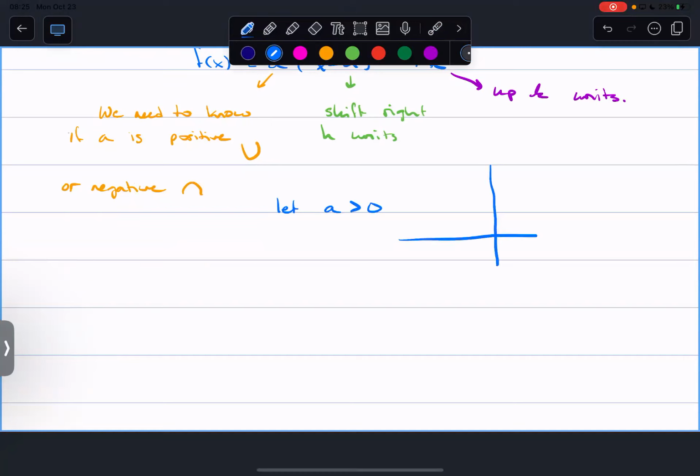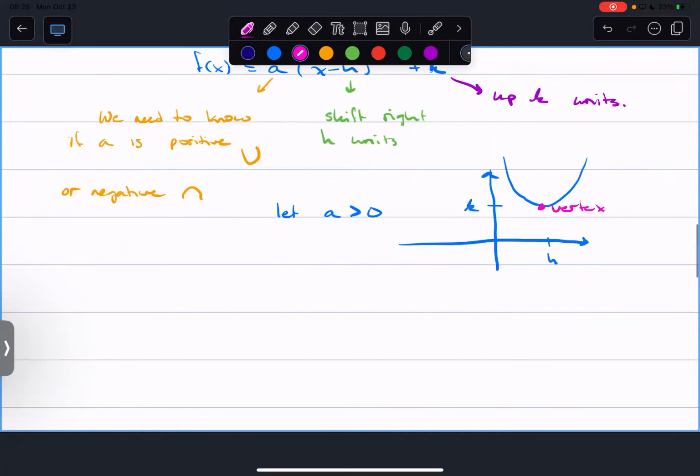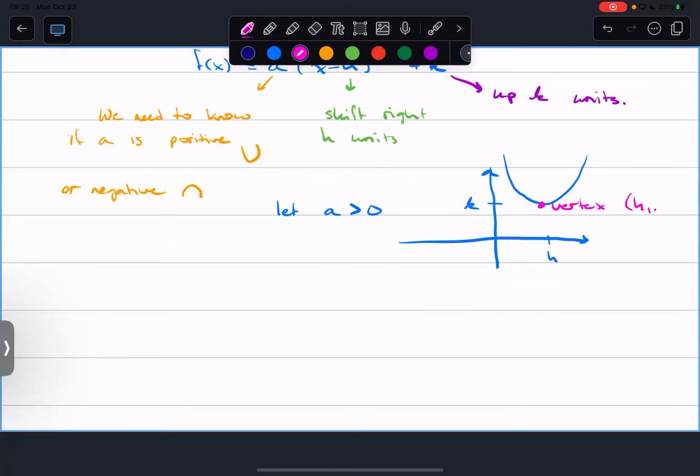Then I have something like this. I'm going to arbitrarily shift it to the right by h units and up k units, but it's still just a parabola, so it's shifting over to the right and then up k. And so here at some (h, k) is the bottom, or the vertex, of my parabola. Vertex is at (h, k).